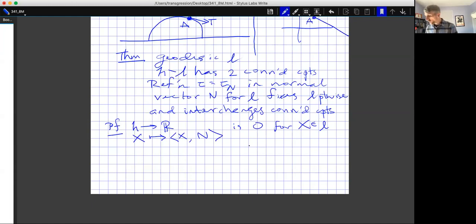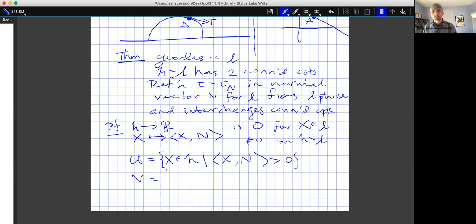And it is non-zero on the complement, because in fact the normal vector determines which geodesic we're going through. So we have a set U, which is the set of elements of the hyperbolic plane where this function takes a positive value, and we have V, the same thing, but where it takes a negative value.